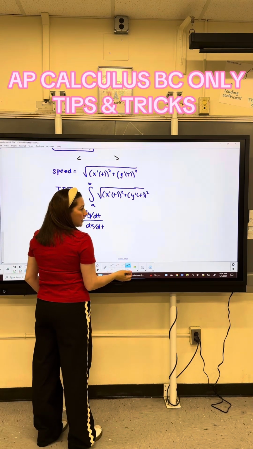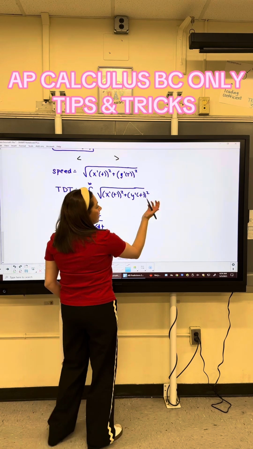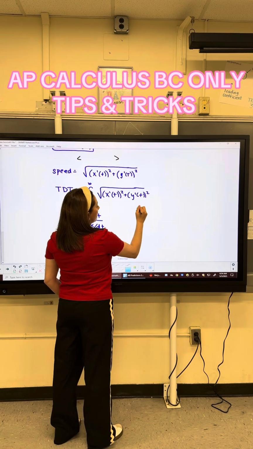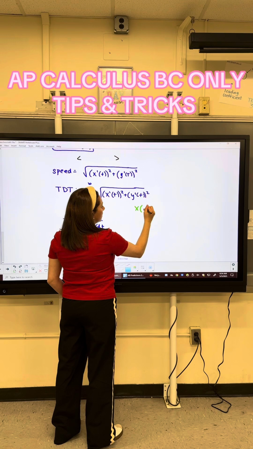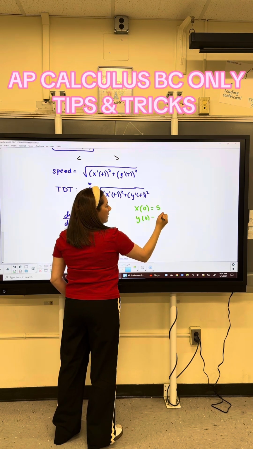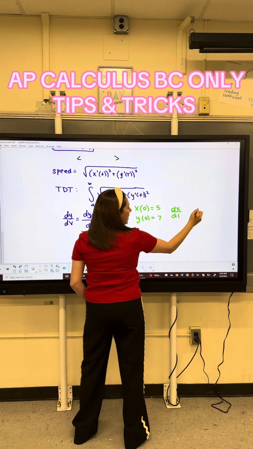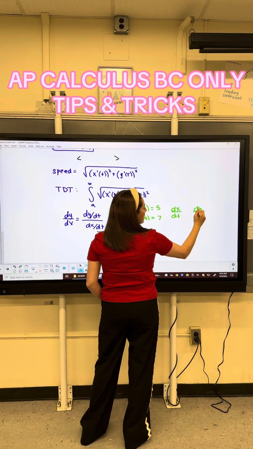They love asking you like the particle's position. So say, I'm going to make something up, say they give you x of 0 is 5 and y of 0 is 7, and then they give you dx dt and dy dt.